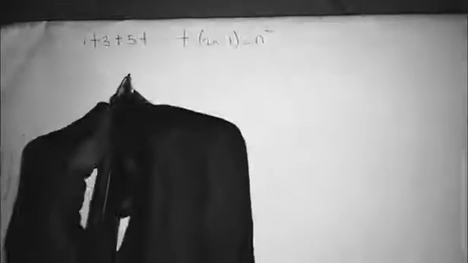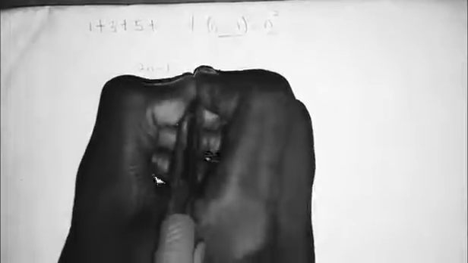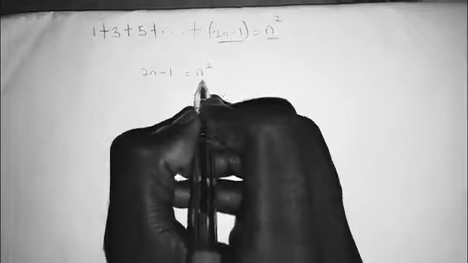To do this, you are only working with this: 2n minus 1 on the left hand side, and n squared on the right hand side.